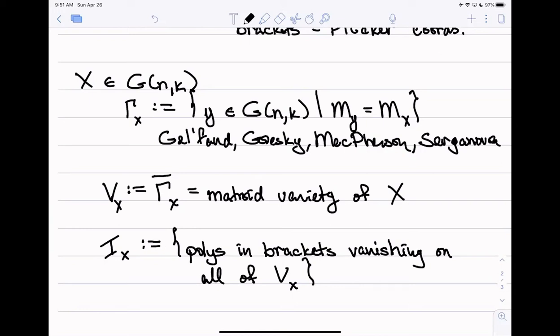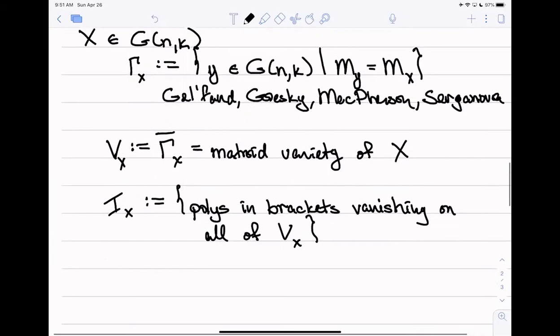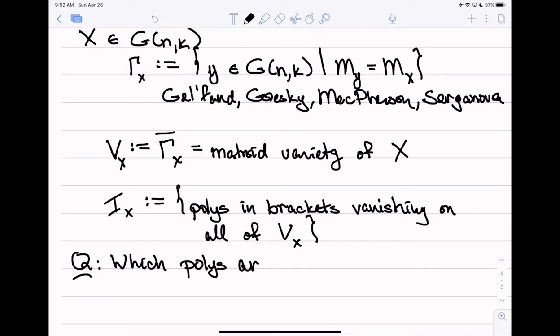And what I really want to know is, what are the polynomials that generate all the other polynomials in this set? In particular, which polynomials are in this ideal? That's the question that I'm really turning to now.